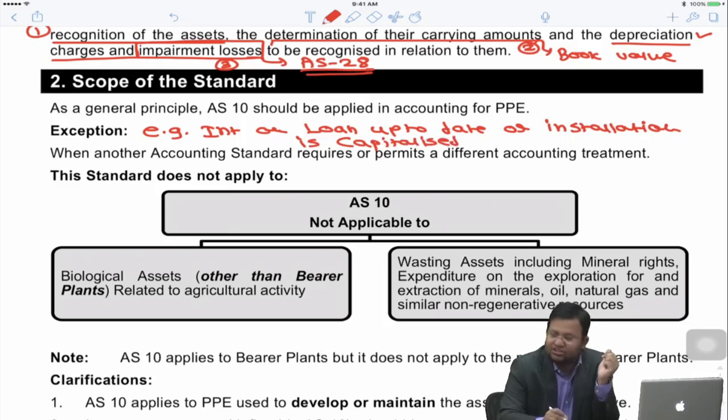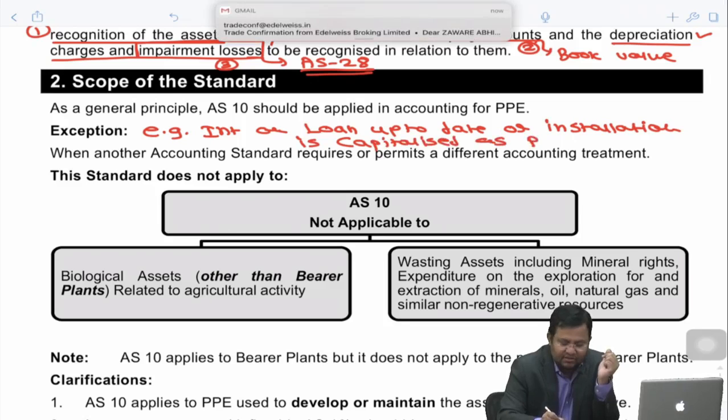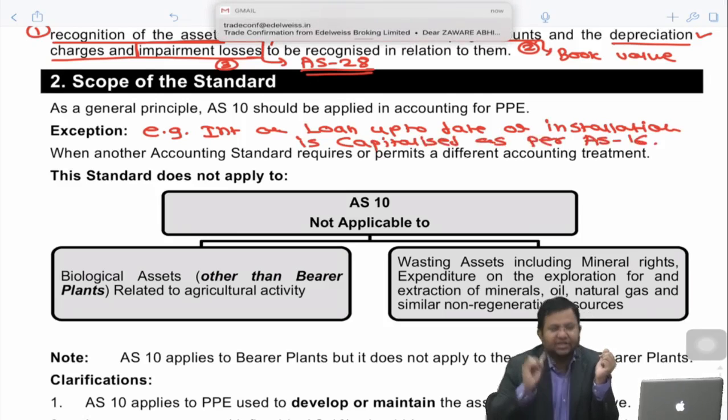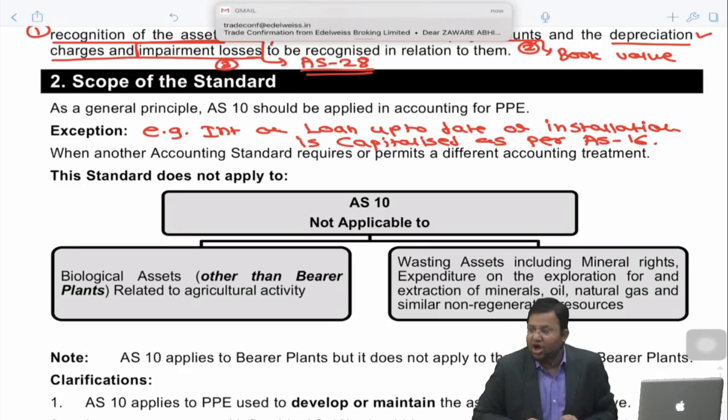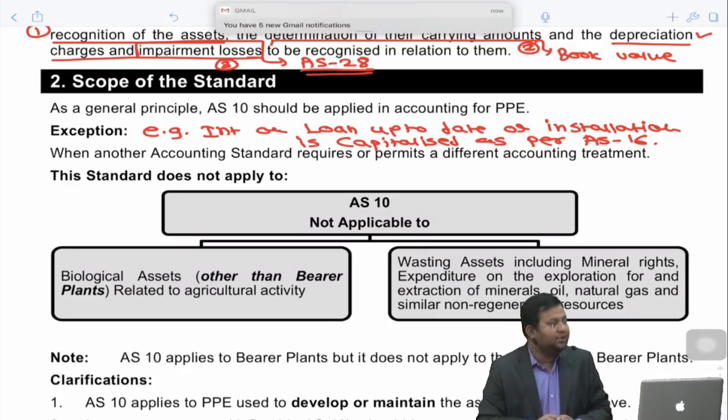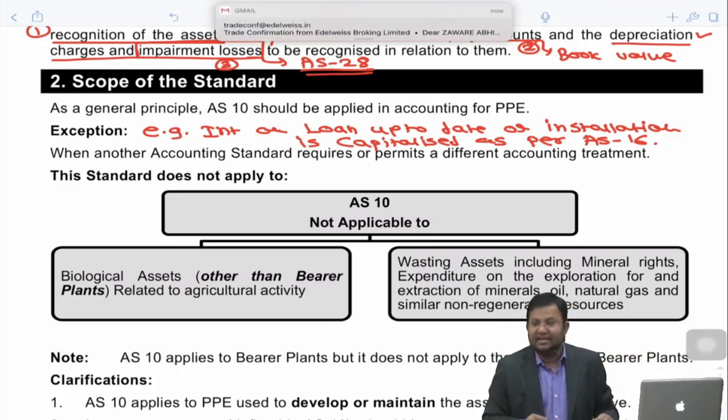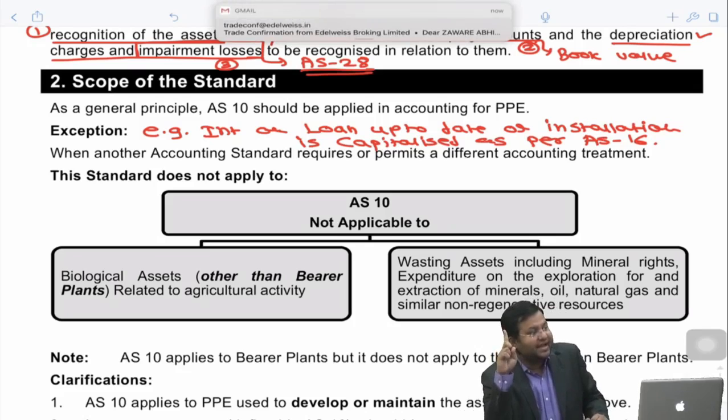Capitalized means added to the cost of asset as per AS 16. Interest on asset up to the date of installation of asset is capitalized, is added to the cost of asset. Now that is not as per AS 10, that is as per AS 16.